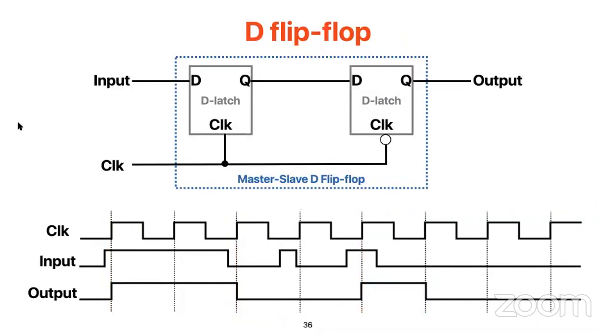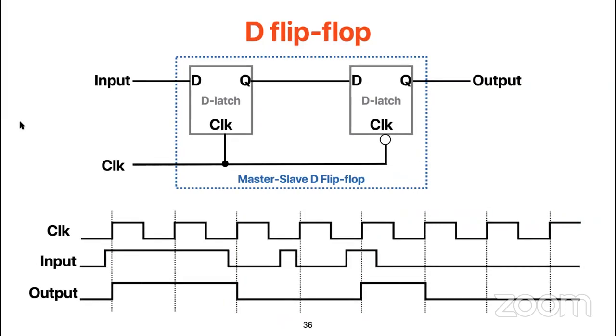So an improved design called the D flip-flop is actually using two D-latches, and one is using a positive edge clock, and the other is acting on a negative edge clock.